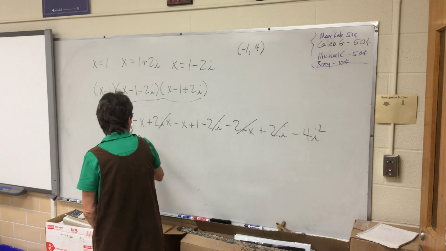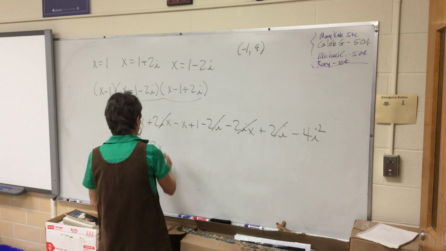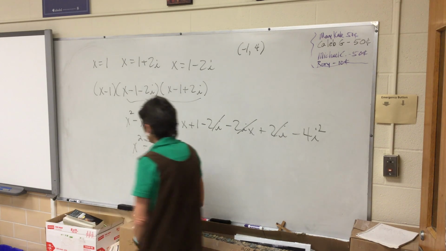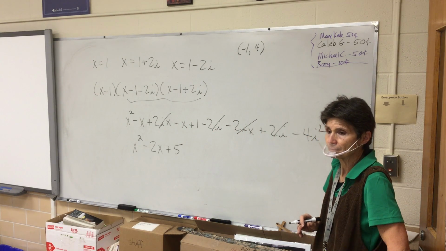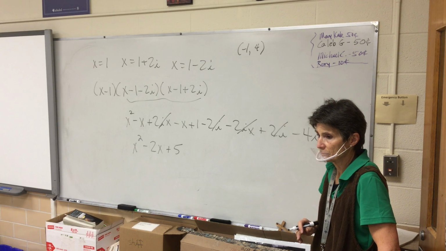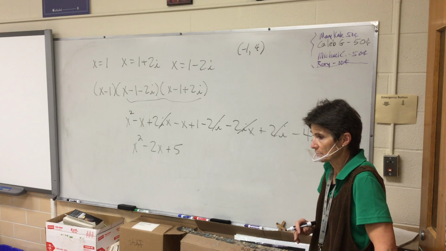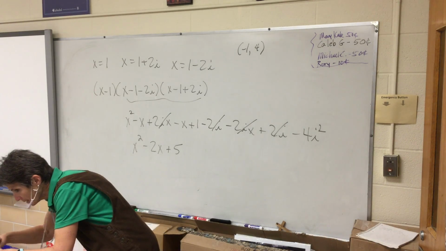I FOILed and got x squared minus 2x plus 5. I'm going to stop there and make sure everybody got that. Are you guys all FOILing away?